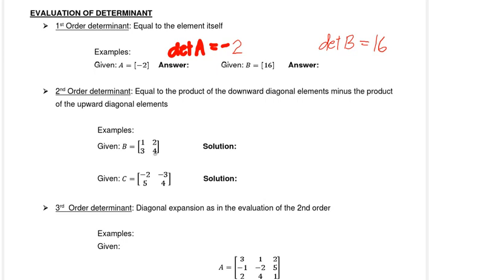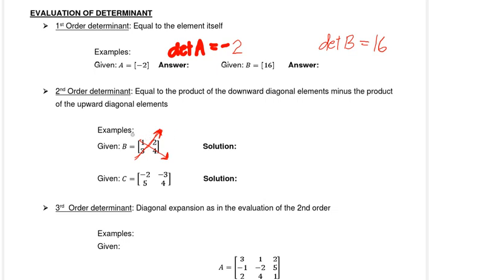So, to evaluate the second order determinant, we need to get the sum of the product of the downward diagonal natin, minus the sum of the product of our upward diagonal. So, ima-minus natin yung product ng upward diagonal.